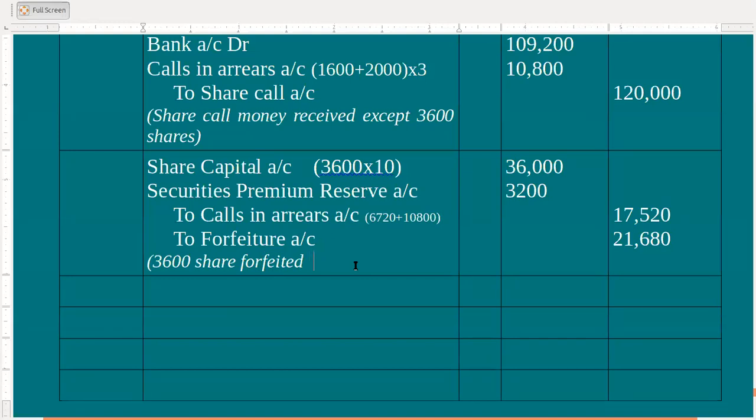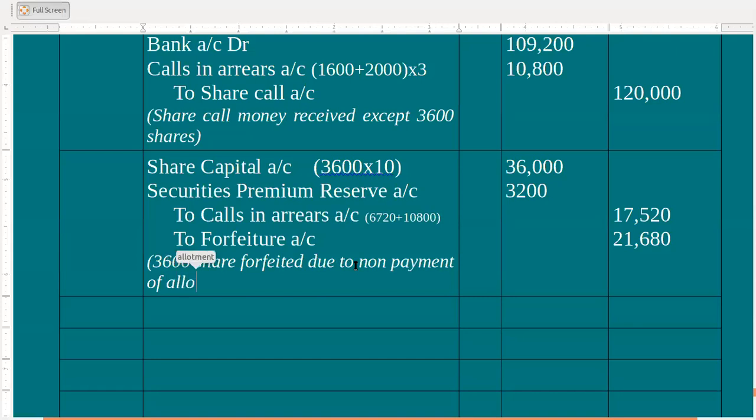Forfeited due to non-payment of allotment money and call money. Okay, this is the narration here.